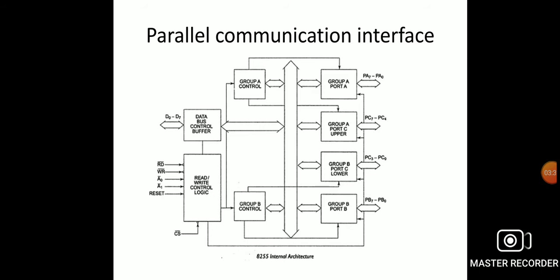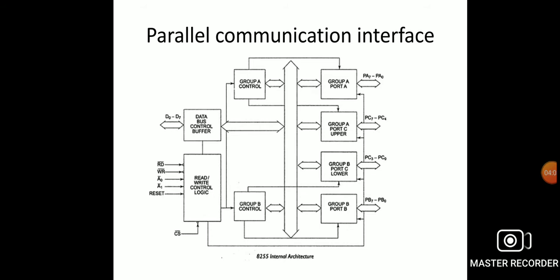In the read operation, the input line is driven by the microprocessor and should be low to indicate the read operation to the 8255. And then the write operation, the input line is driven by the microprocessor, a low on this line indicates the write operation.